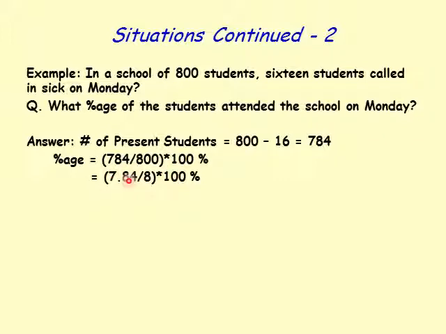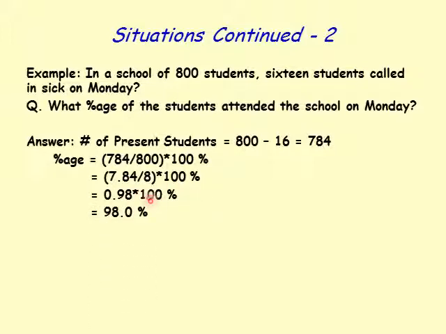So that's 7.84 divided by 8 times 100. That's a percentage. And 7.84 divided by 8 is 0.98 times 100. So move the decimal place 2 places to the right. When we move 1 place to the right, it becomes 9.8, and when we move one more time, it becomes 98, which is equal to 98%.